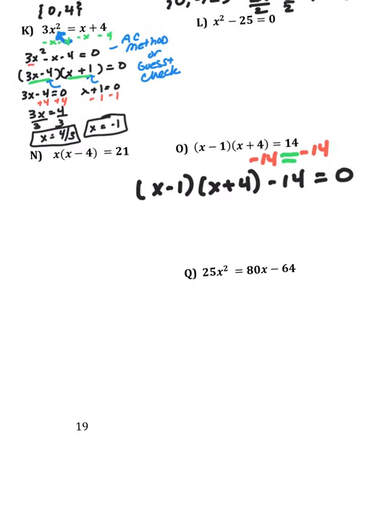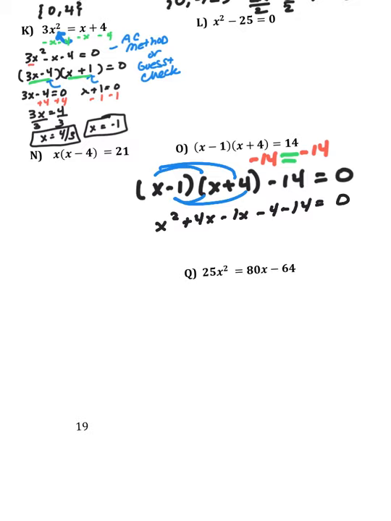Looking a little complicated here. Let's simplify the left-hand side. Go ahead and FOIL your parentheses here. What should our next line be? Let's see, x squared plus 4x minus 1x minus 4 minus 14 is 0.